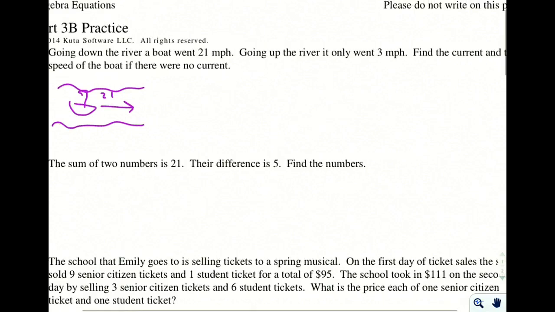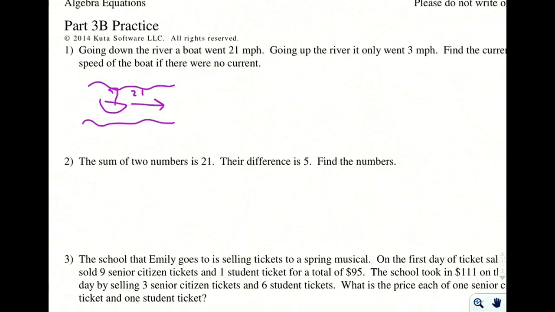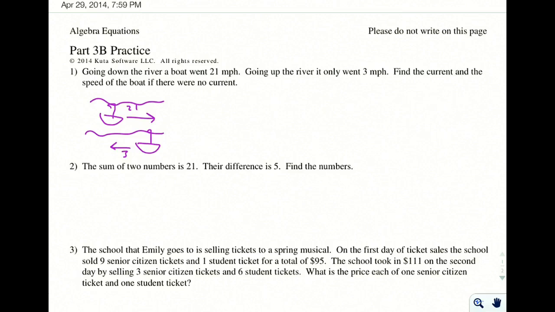And going up the river, coming back the other way, the same boat can only go 3 miles per hour. Interesting. So it goes much faster going down the river than up the river. The current must be pushing against it. It says find the current and the speed of the boat if there were no current. So how fast is the water moving, and how fast is the boat by itself?